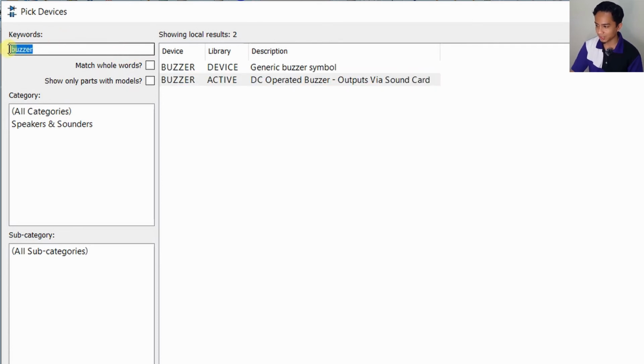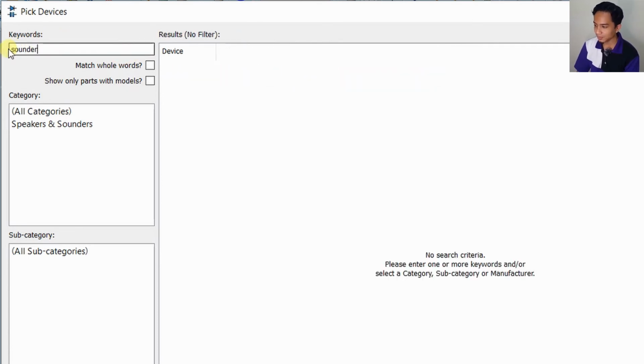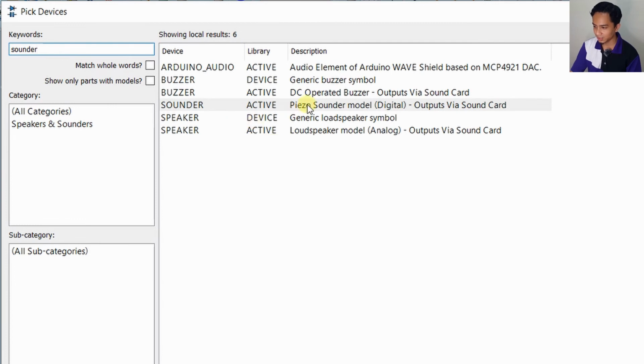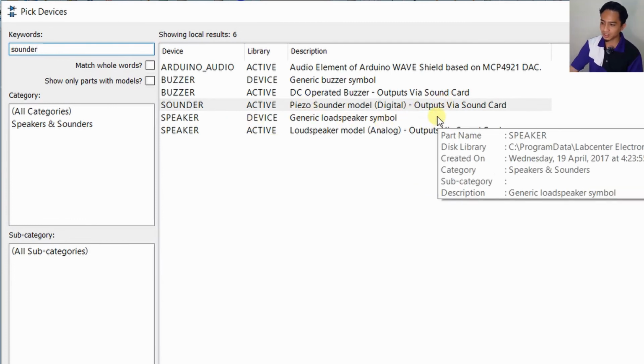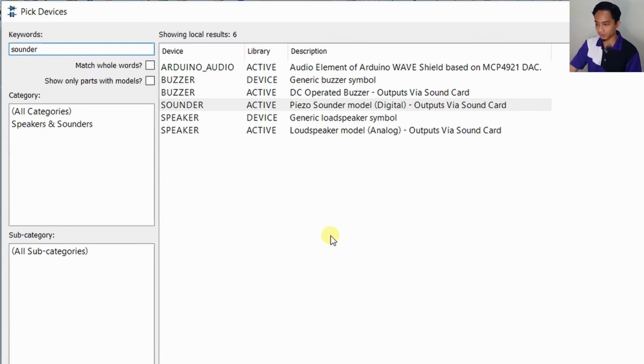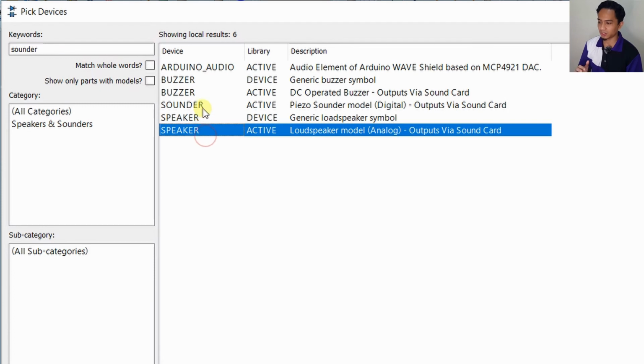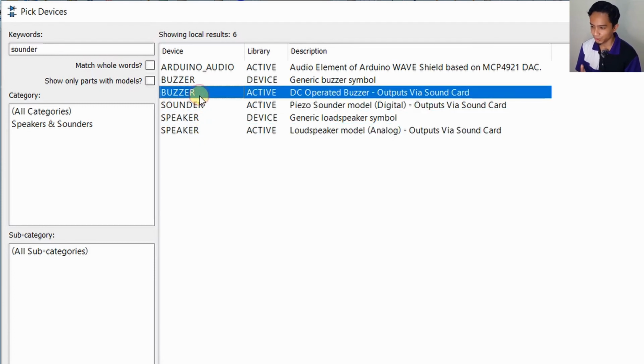But I choose the sounder here. So the same thing, a piezo sounder model, which also outputs via the sound card. So remember, if you want to choose speaker or sounder or buzzer, make sure you choose the one that outputs via sound card.